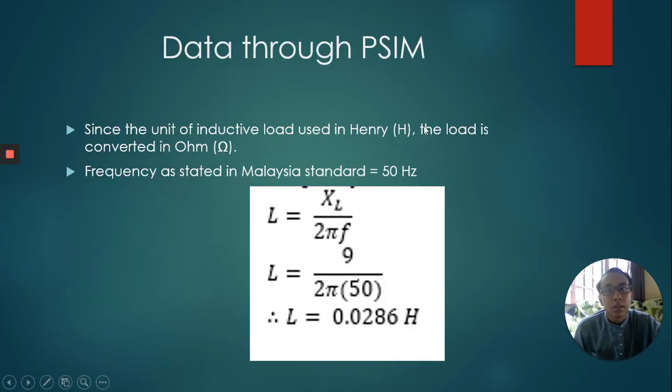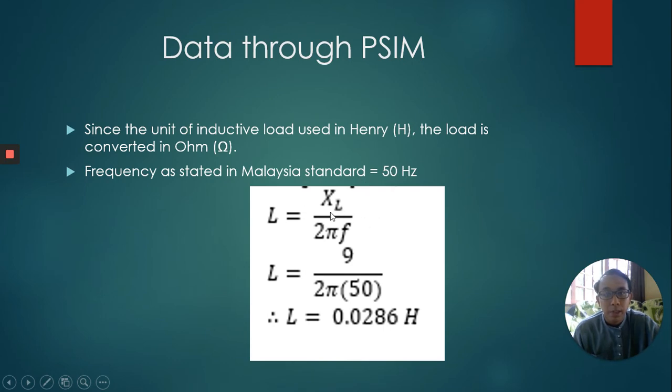Okay, done for calculation. For the next part, I will talk about the data through PSIM. Since the unit of the inductive load is in Henry, like I told you earlier, we need to convert to ohm. The frequency I refer to the book as standard, equal to 50 Hz.